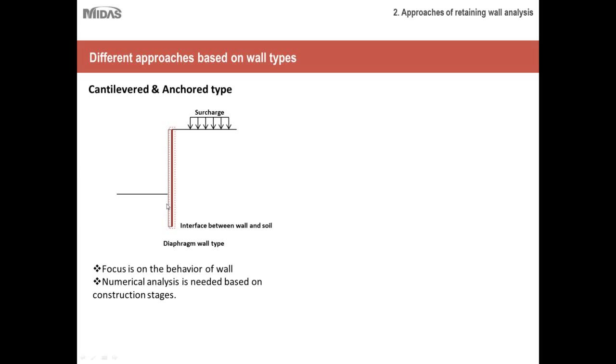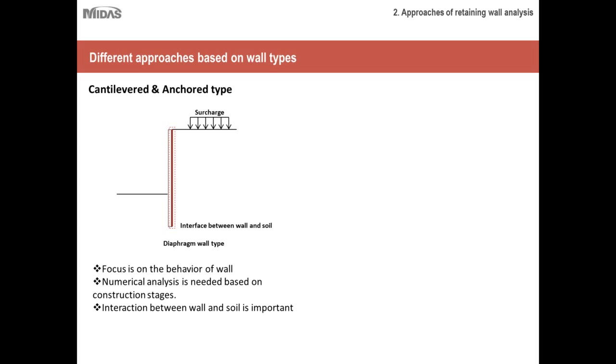So you must perform the numerical analysis to check the behavior of the wall based on its construction stages, and pay special attention to the interaction of the wall and the soil. This brown surface that we have highlighted here in this box is the interface material between the wall and the soil.